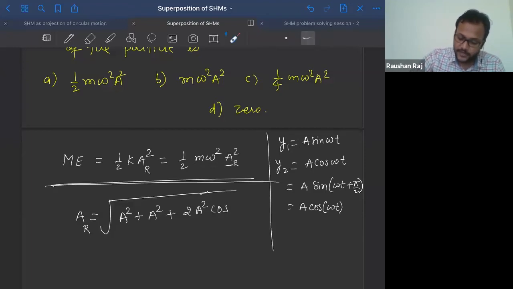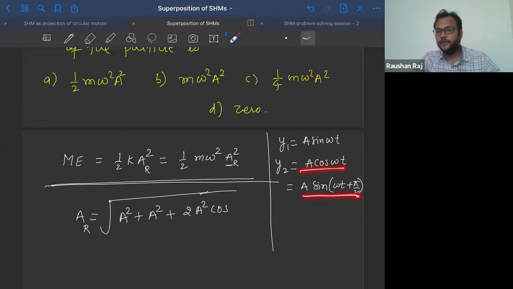The sign will depend on the quadrant in which this angle is lying. Pi by 2 plus theta is lying in the second quadrant. In the second quadrant, sine is positive. That means I can easily write this a cos omega t as a sin of omega t plus pi by 2.